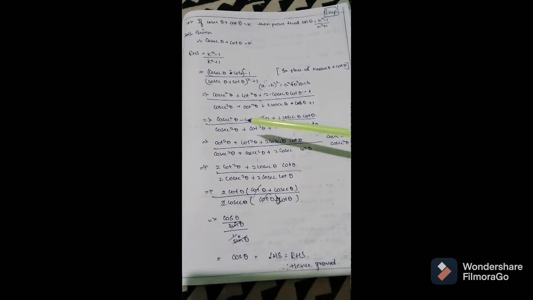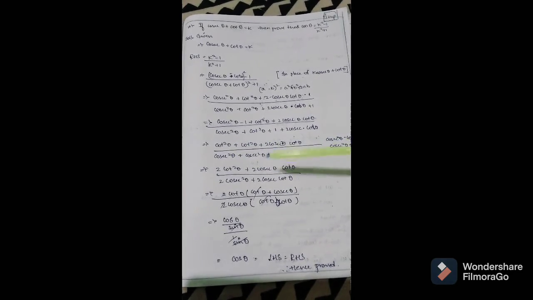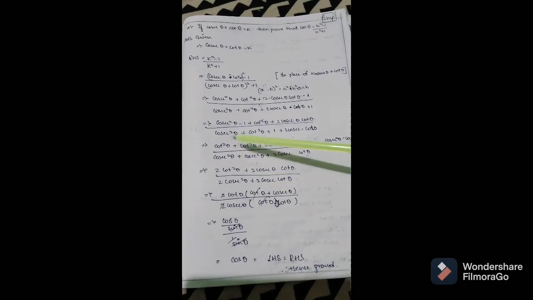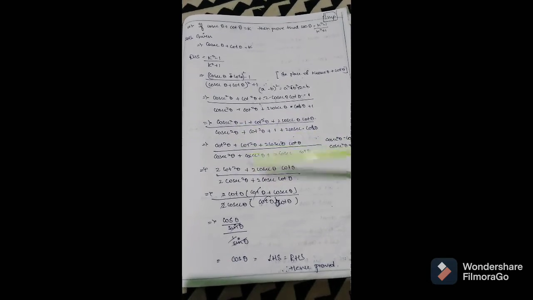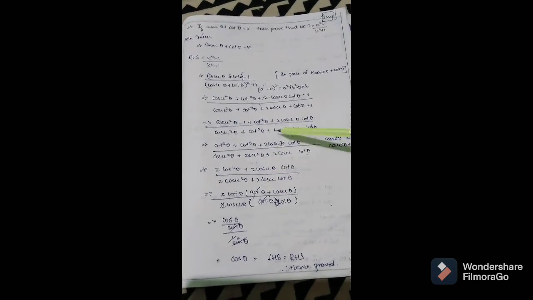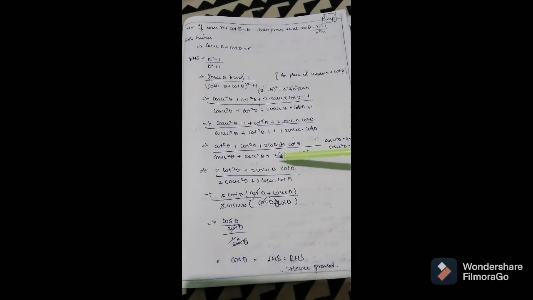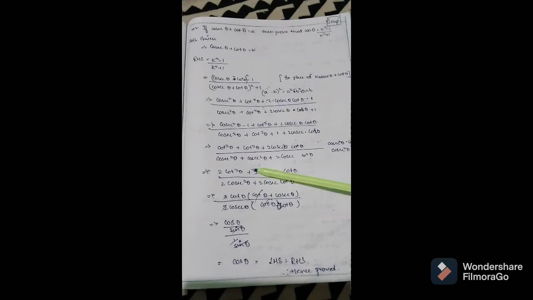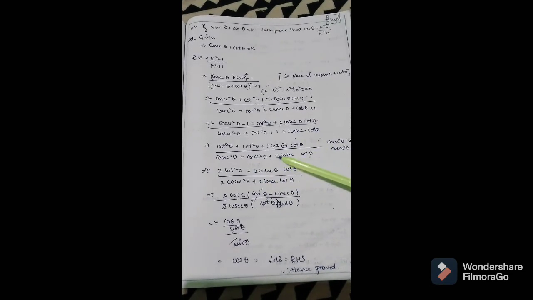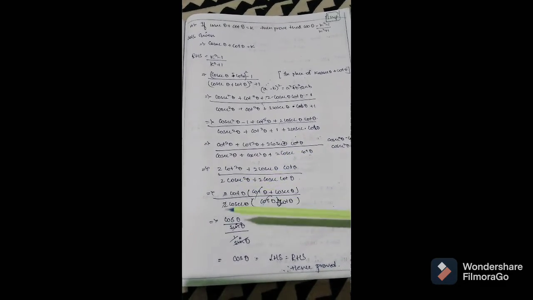So cosecant square theta minus 1 is cot square theta, and cot square theta as it is, plus 2 cosecant theta cot theta as it is. Cot square theta plus 1 is cosecant square theta. As we have simplified like this, we'll get cosecant square theta here, and plus 2 into cosecant theta into cot theta.